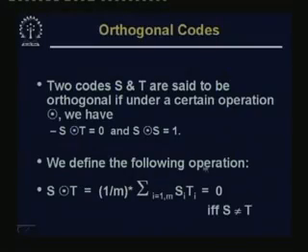If you have two orthogonal vectors, their dot product is going to be 0, whereas when you take a vector's dot product with itself, it gives you some value. We are representing it as a 1. So, we define the following. Now, let us define this dot operation for our case. S dot T is equal to 1 by m times the summation of Si Ti, i equal to 1 to m, and this will be equal to 0 if and only if S is not equal to T. We will see this.